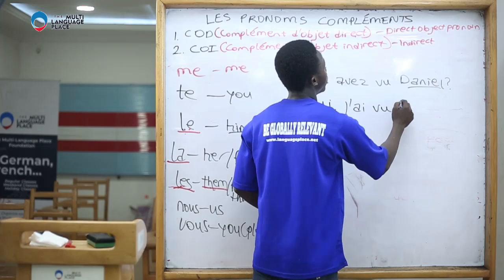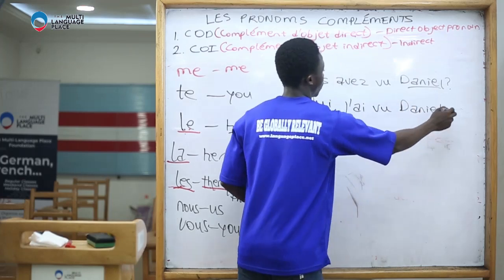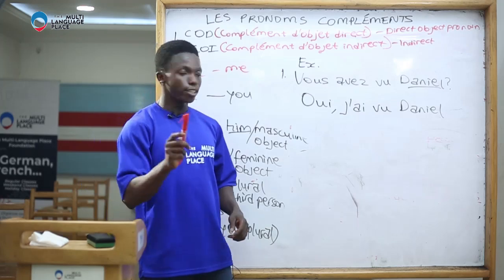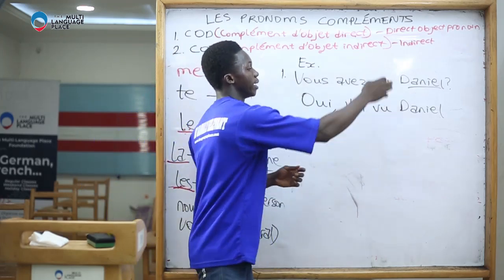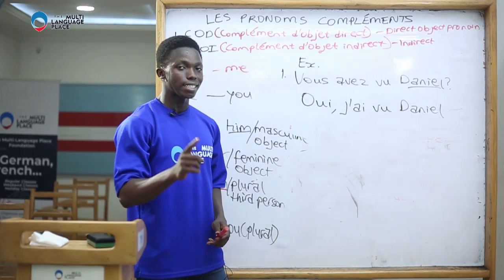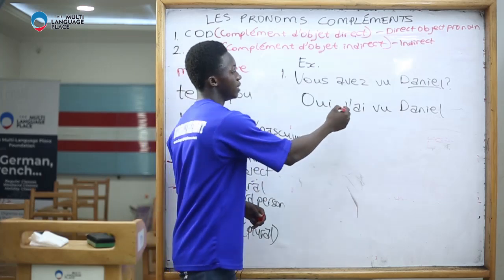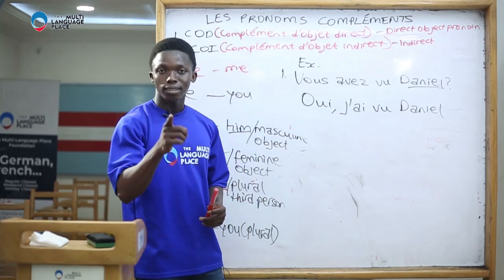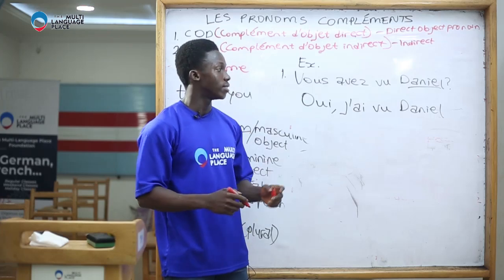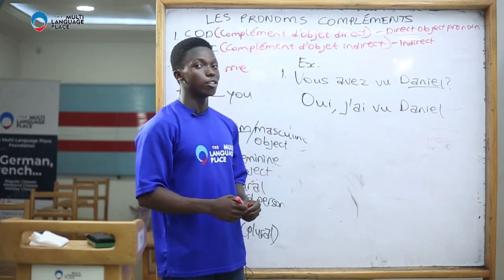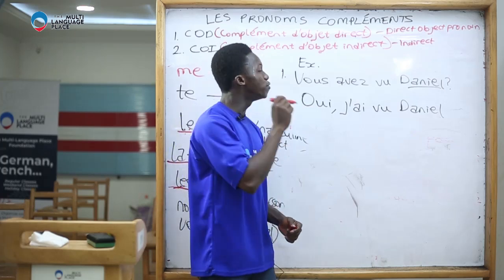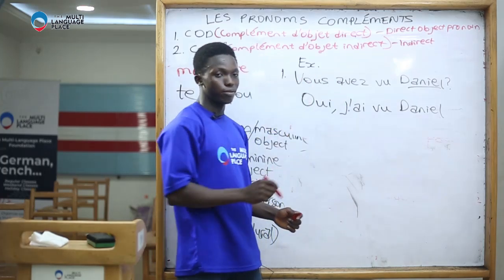"Oui, j'ai vu Daniel." Remember, I said to replace nouns with COD, take note that the COD comes before the verb. But in this case, it's a little bit complex because this is passé composé. Keep in mind that whenever you have a sentence in passé composé and you want to use COD, the COD comes even before the auxiliary verb.